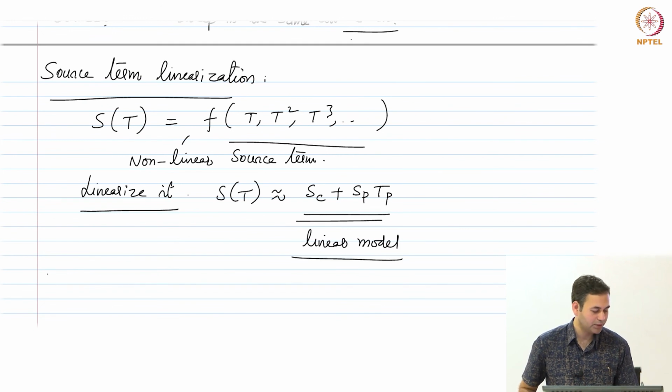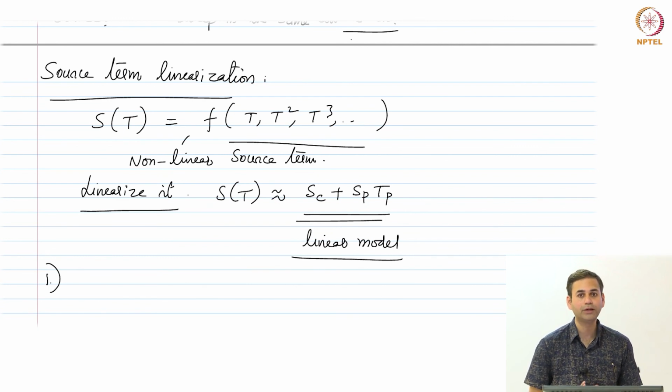Then the question is why do we have to linearize, and if we have to linearize, is there a good way of linearizing the source term, or can I linearize it in infinitely many ways? We have to linearize because the ultimate system we would get is a linear system. The entire framework is essentially Ax equal to b, so you cannot have a nonlinear thing within there. Your x is always linear.